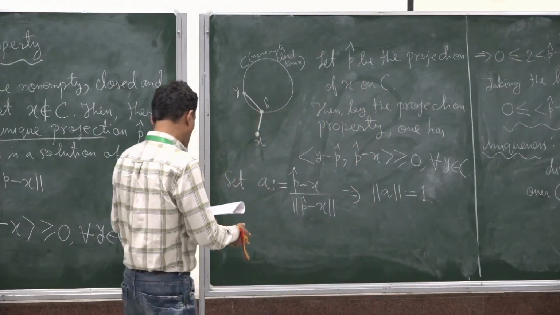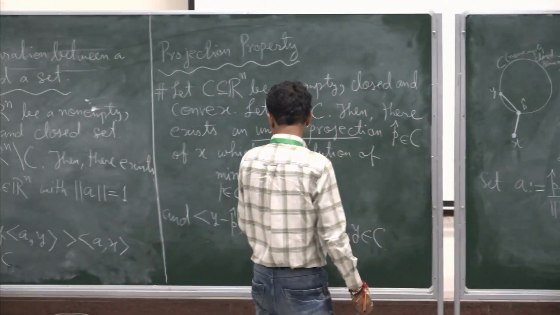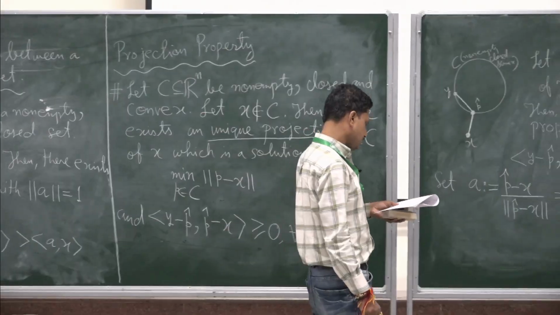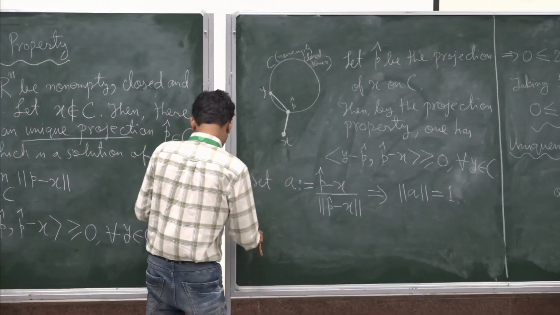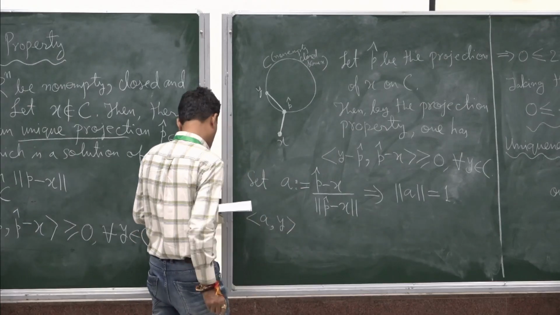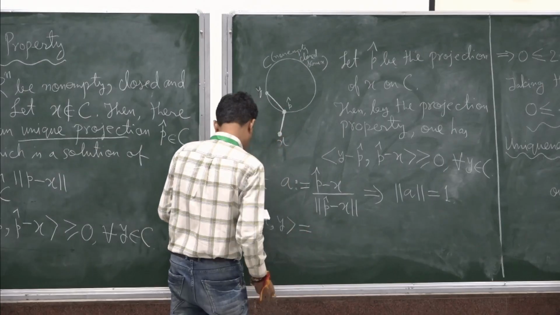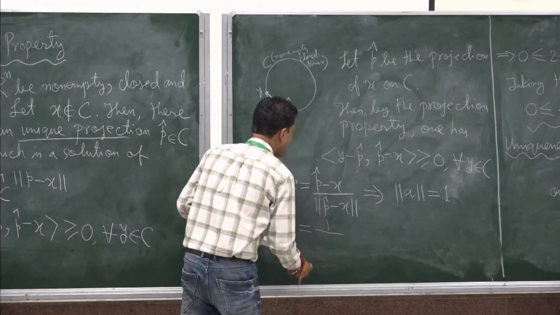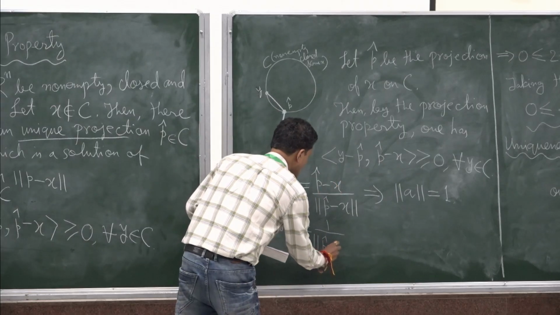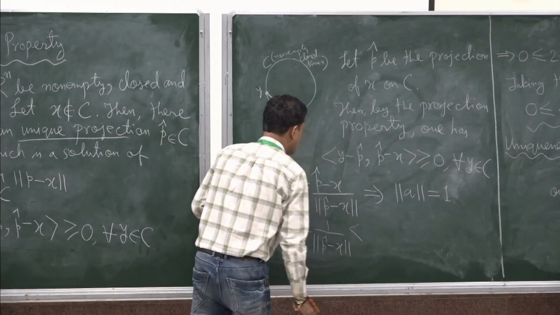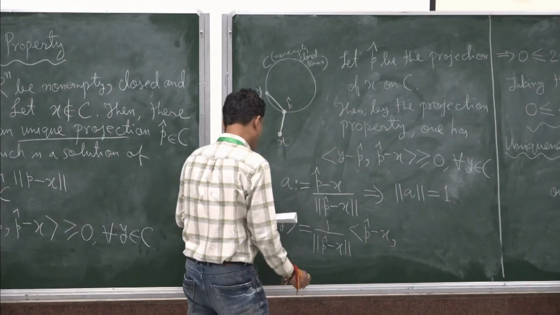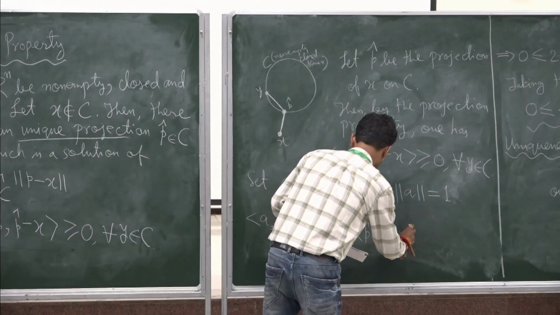But now we have to show that this condition is satisfied with this vector. So if we write a y, this is equal to 1 upon the norm of p hat minus x, times the inner product of p hat minus x and y, right?